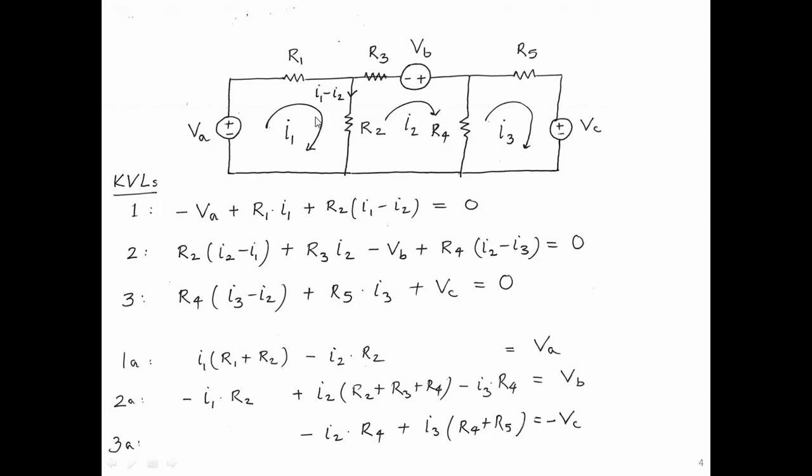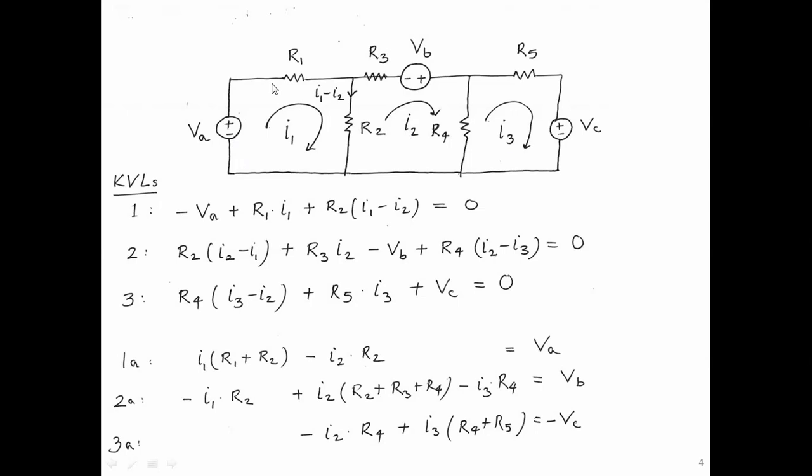Once mesh currents are defined, for each mesh we write a Kirchhoff's voltage law. The algebraic sum of voltages around a closed path is 0. So we'll apply that to these three meshes. For mesh 1, let us go through it. Our convention when writing KVL is that if the voltage is increasing, going from minus to plus, then that will be a negative voltage.